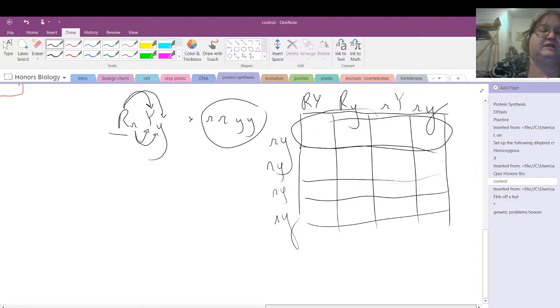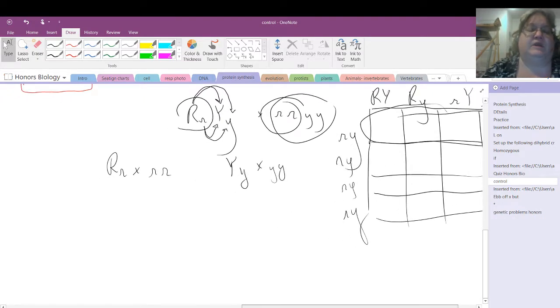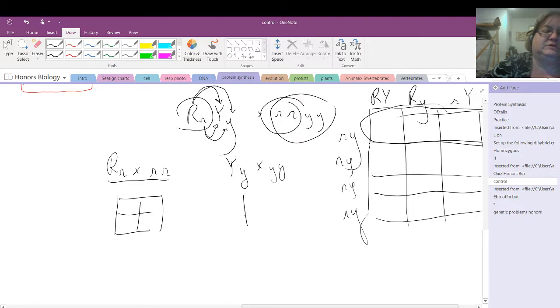So let's go ahead. Let's pull out our monohybrid, big R, little r, cross, little r, little r. And then let's pull out our y's, big, little, cross, little, little. Now, at this point, it becomes our nice, easy monohybrids. So you can do this. Please go ahead and fill out your Punnett squares.